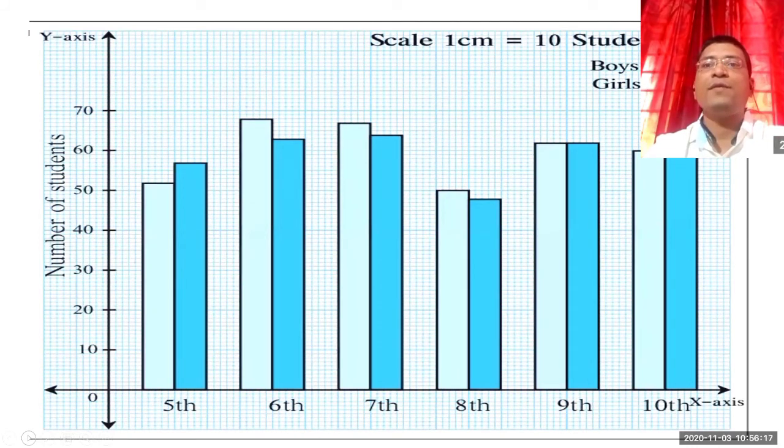Same here on the 7th, 8th, and 9th standard. On 9th standard, we already know 62 boys and girls are there, so the same bars are drawn. On 10th standard, girls are more, so the girls column is more than the boys column. In this way we can draw a joint bar graph.